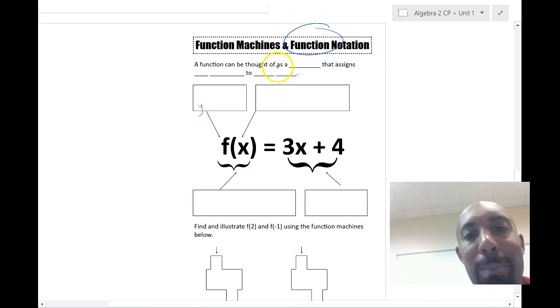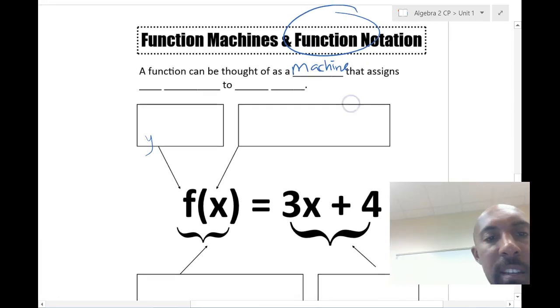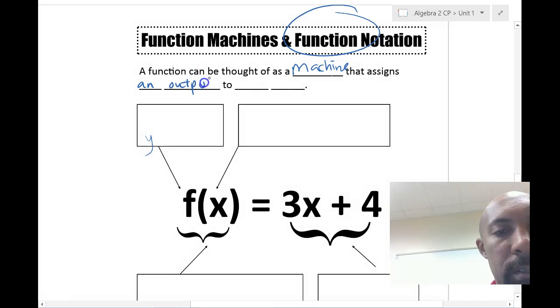So a function can be thought of as a machine that assigns an output to every input.